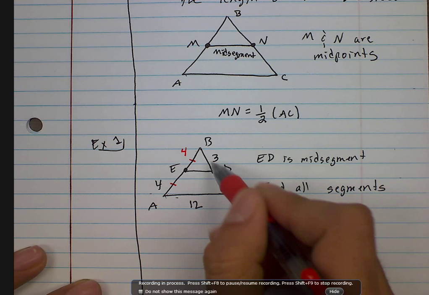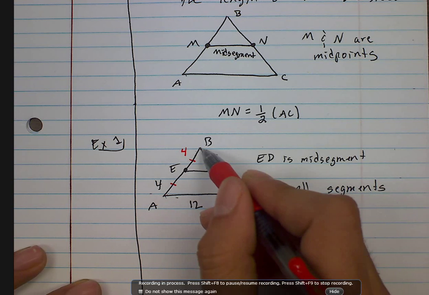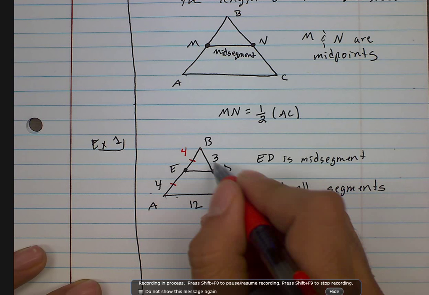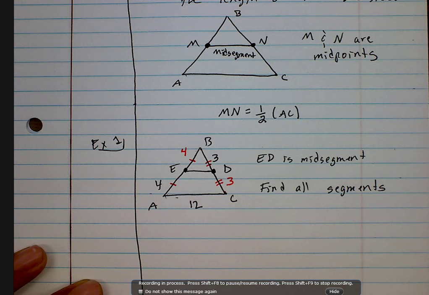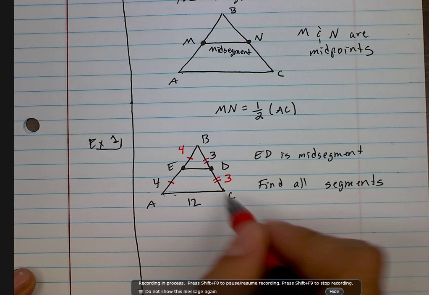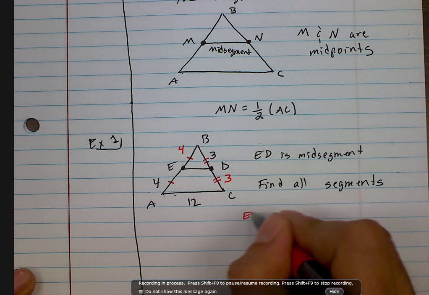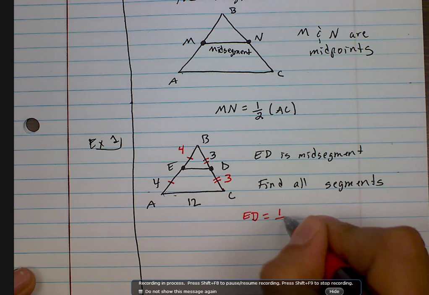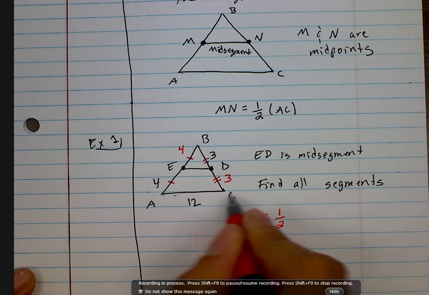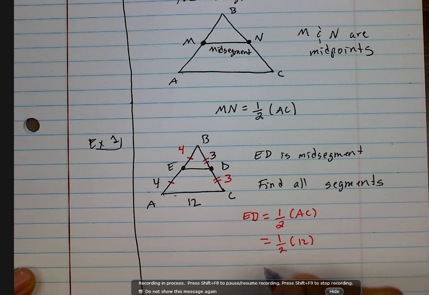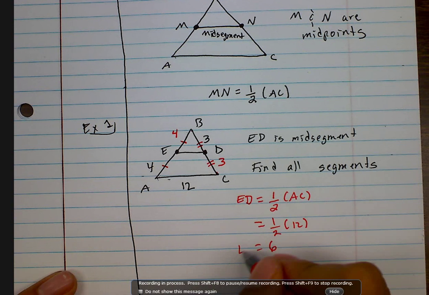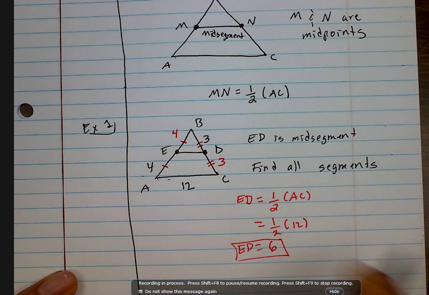So if BD is 3, then that one is congruent to DC, therefore DC is 3. Now, to find ED, we know the mid-segment is equal to 1/2 of the third side, so 1/2 of AC. All we have to do is substitute in what AC is, which is 12, and we know that ED is equal to 6. Okay, so that's all there is.